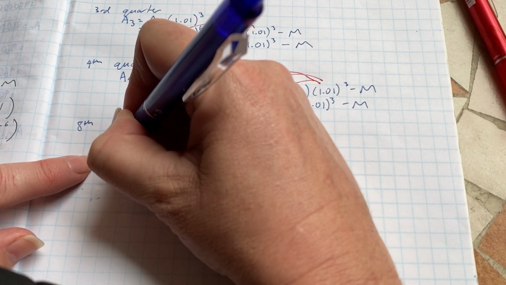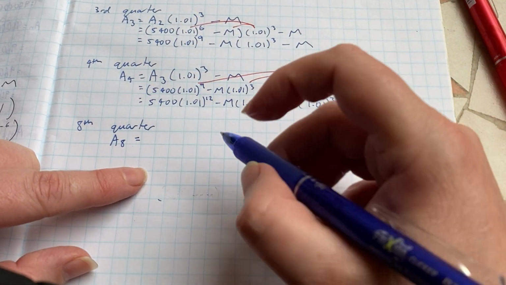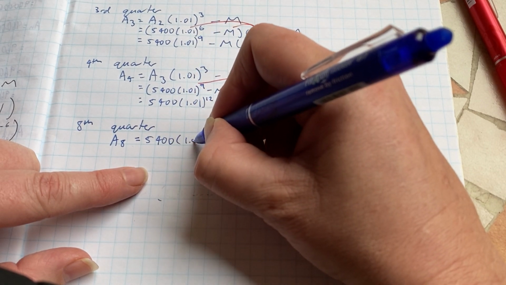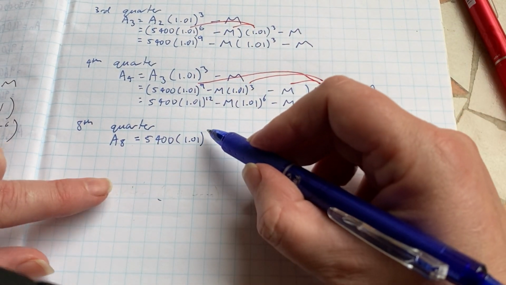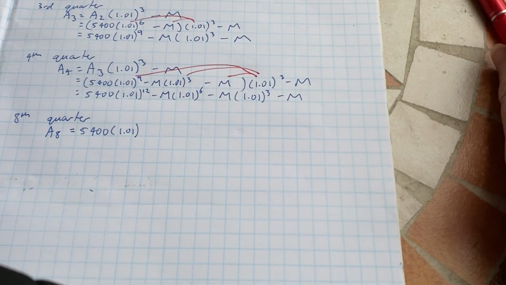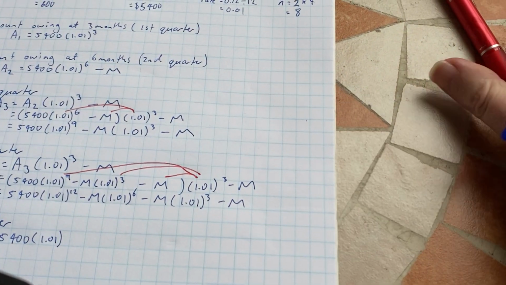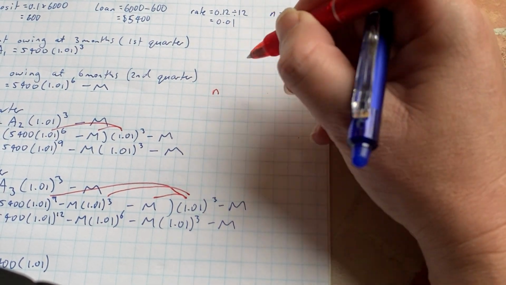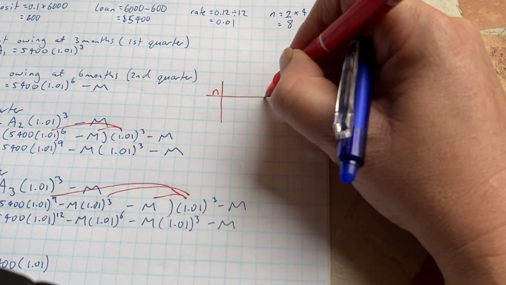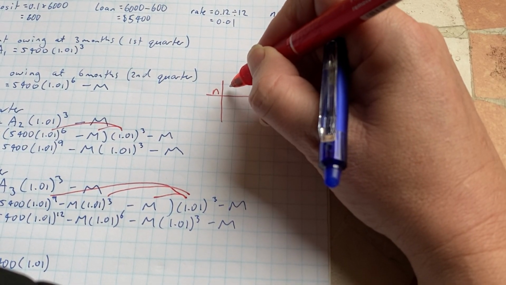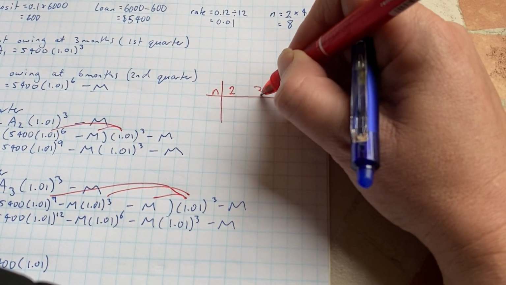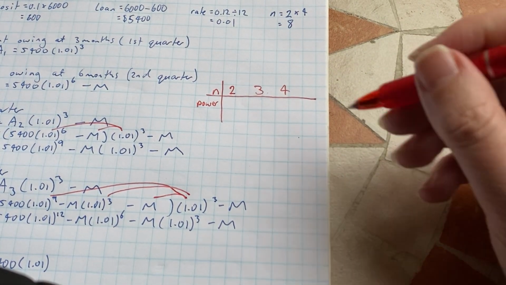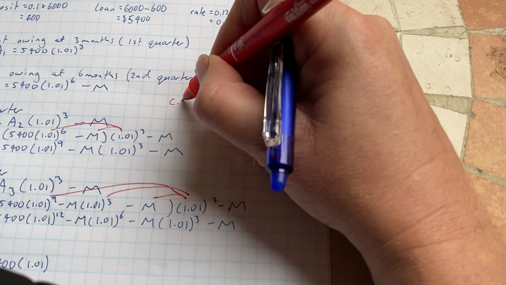So A8 equals. Now it is a little bit tricky to work this one out. In order to work out my powers, I did a little table of values, so I might just fill that in up here. I said my n, when it was A2, A3, and A4, what was my power on the compound interest?